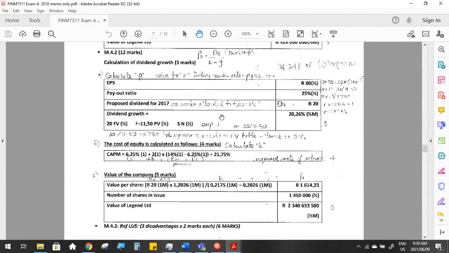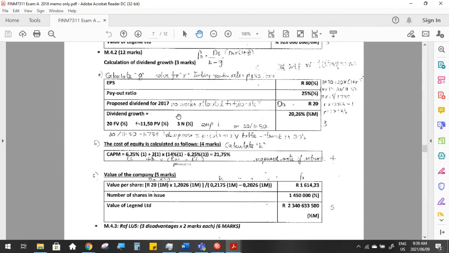So we then have to calculate what the growth rate is. So this is using your financial calculator solving for R, given that 20 is the future value, 11.50 Rand is the present value. In other words, the oldest dividend was the present value and the newest dividend is the future value.